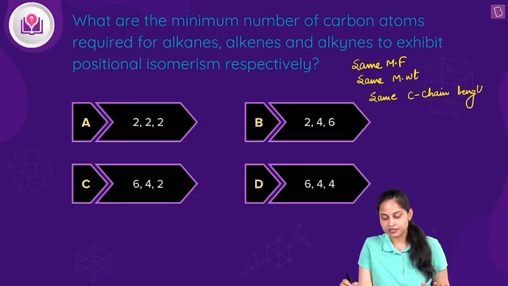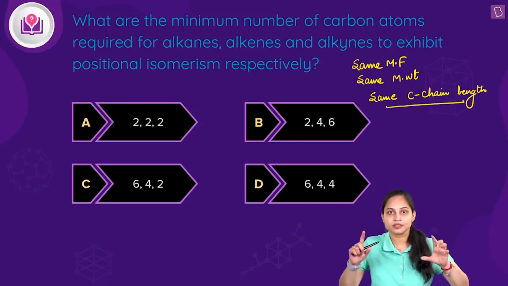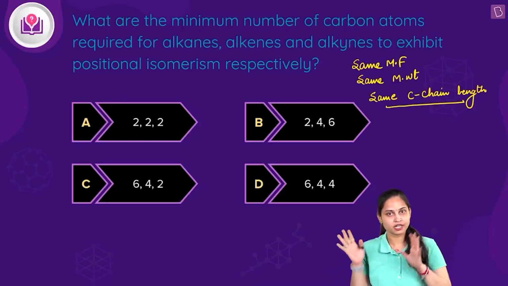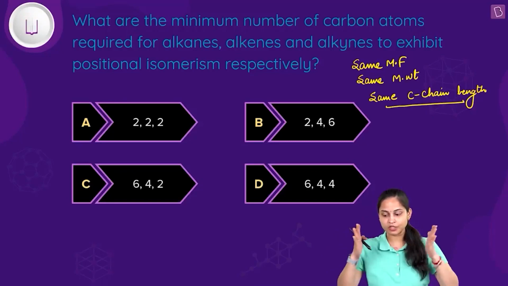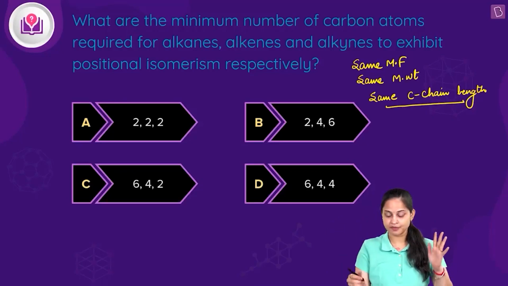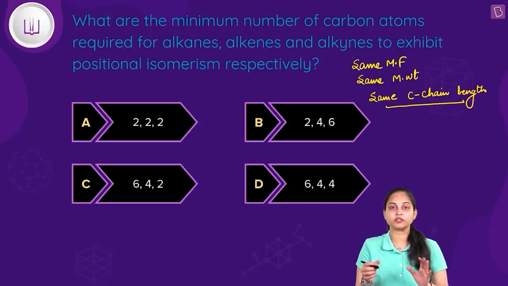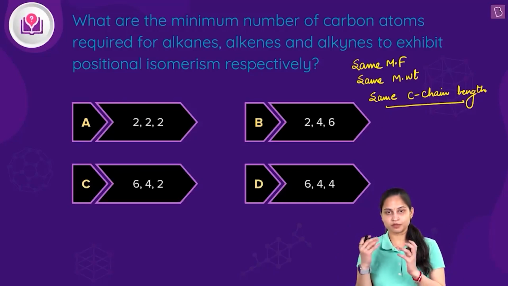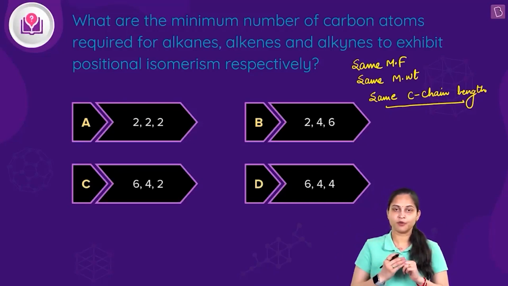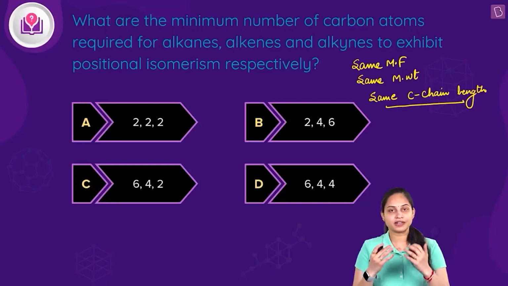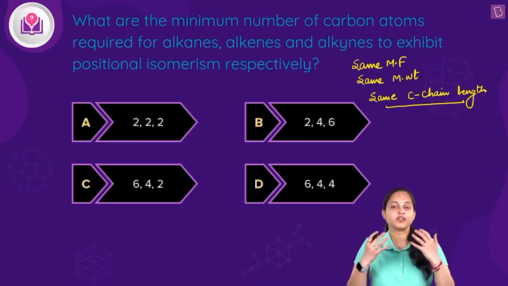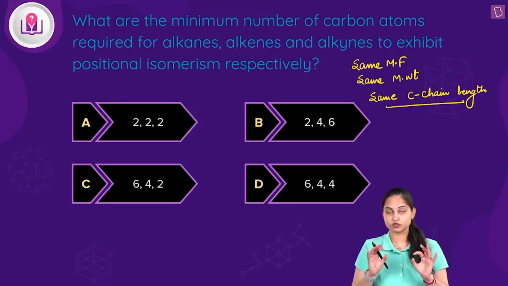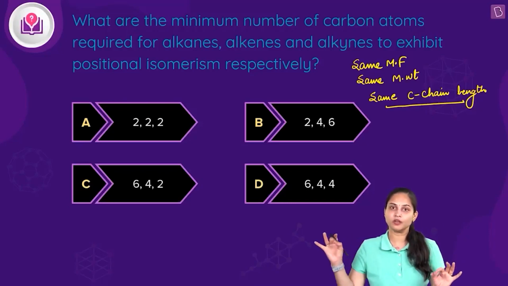That means same parent chain, same carbon skeleton for the parent chain, I mean to say. The length of the parent chain will be the same. And the positions of the substituents, positions of the multiple bond, or positions of the functional group, or positions of the alkyl substituent, or position of any other substituent attached to the parent chain will be varying.